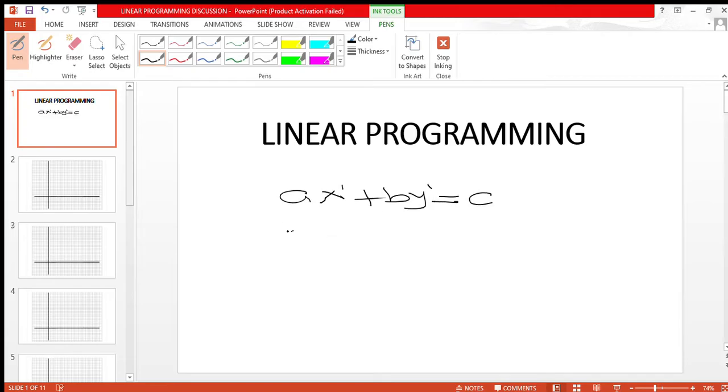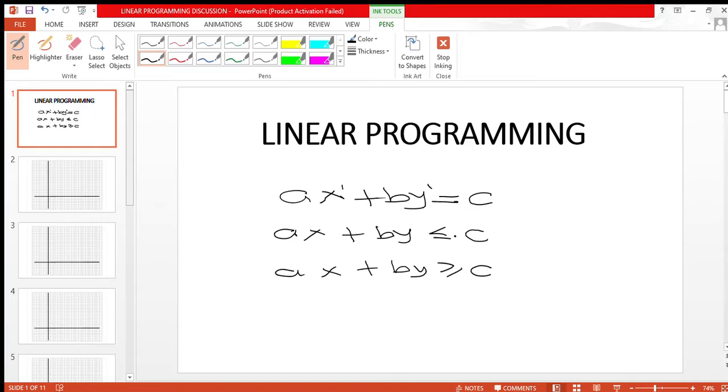So, meaning we can revise our equation ax plus by equals c, let's say as ax plus by is less than or equal to c, or we can also have, let's say, ax plus by is greater or equal to c. So again, we will be having first degree equations involved in linear programming.